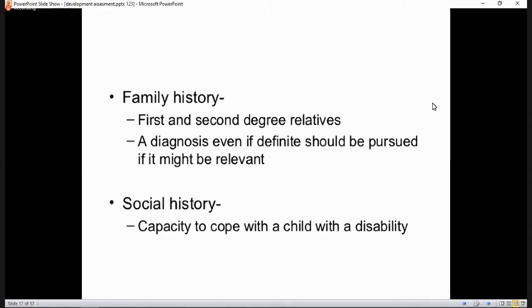You have to also take the social history. If the patient is mentally retarded, do the parents have the capacity to cope with the child's disability? Suppose he is unable to walk, will he be able to get a wheelchair?